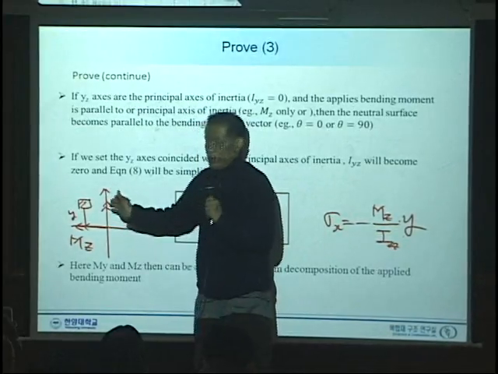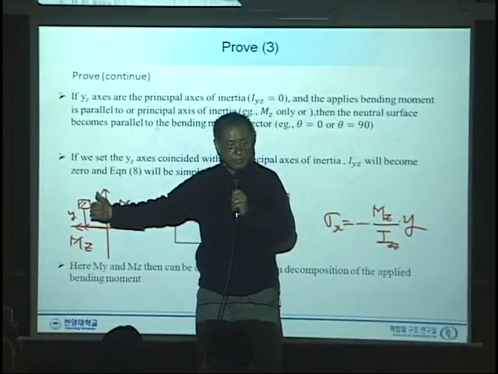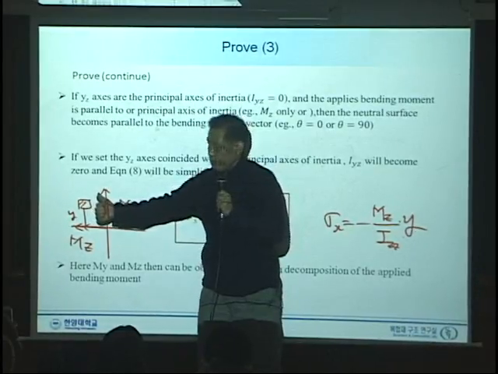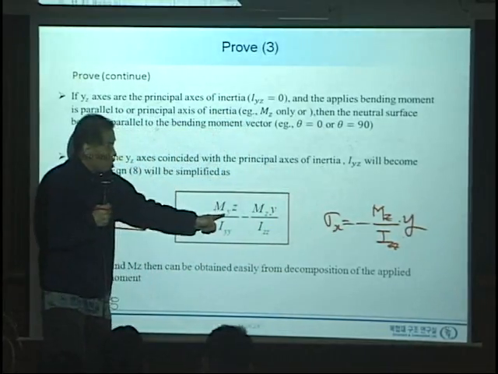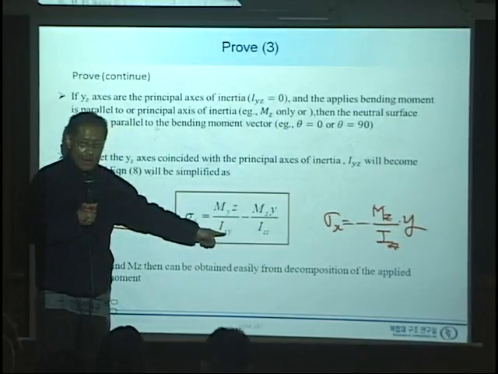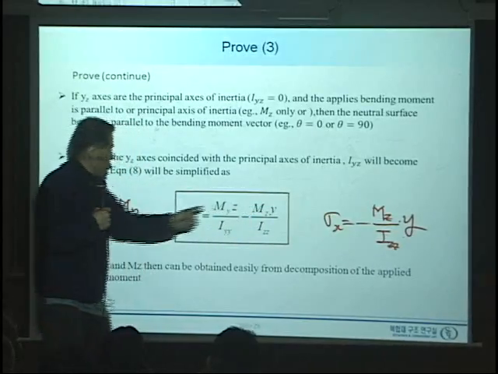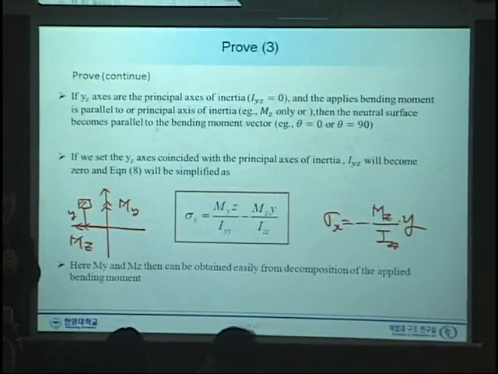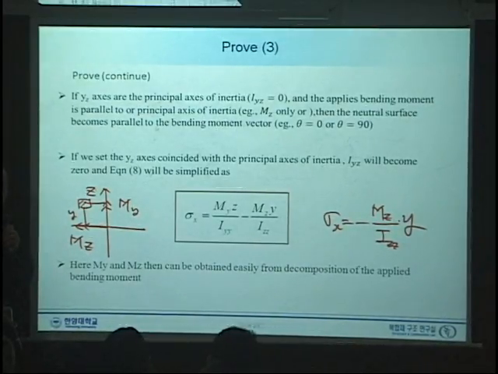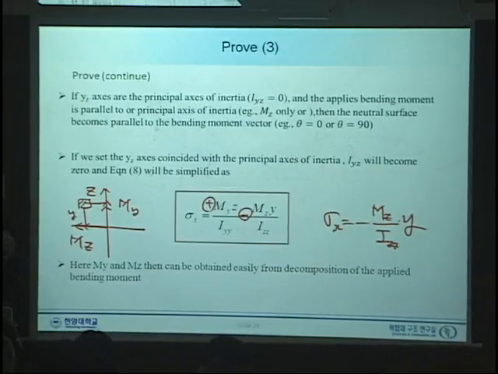Now, how about when we apply moment in the Y direction? This way. Then it is simply moment Y divided by I_yy instead of I_zz, and instead of y there will be a distance z. Right? Distance z. And here you have the plus sign, you have a minus sign there. Why?